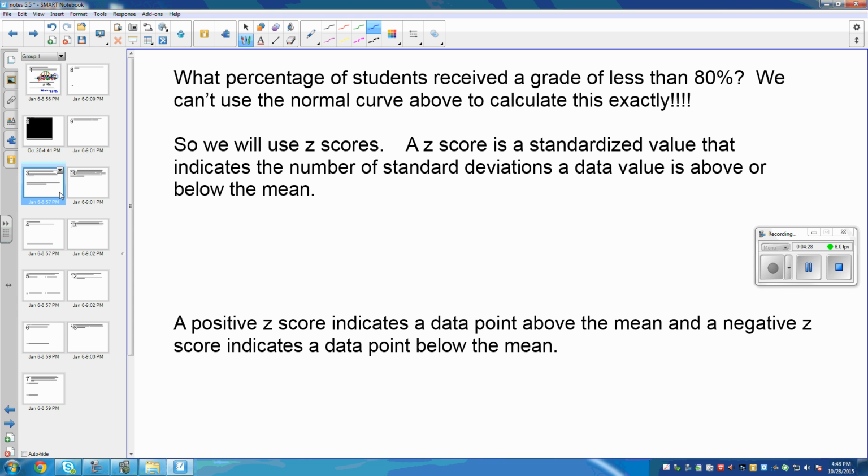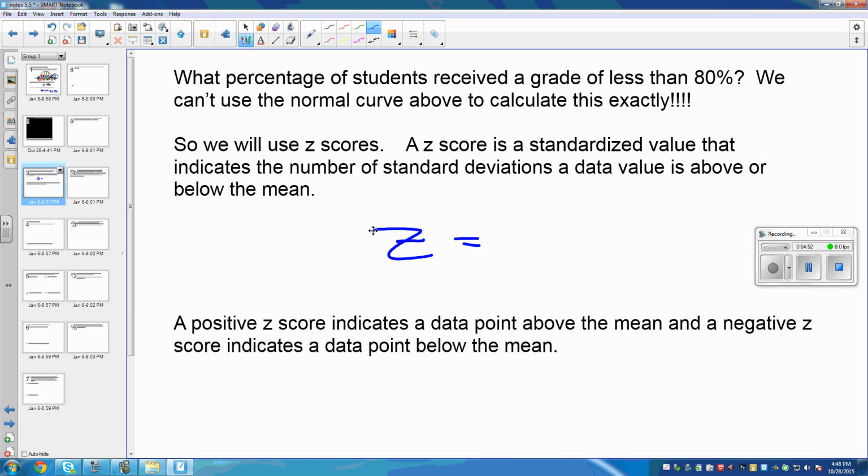Okay? So there is an actual formula for the z-score. And that formula is z is equal to x minus mu all over the standard deviation.